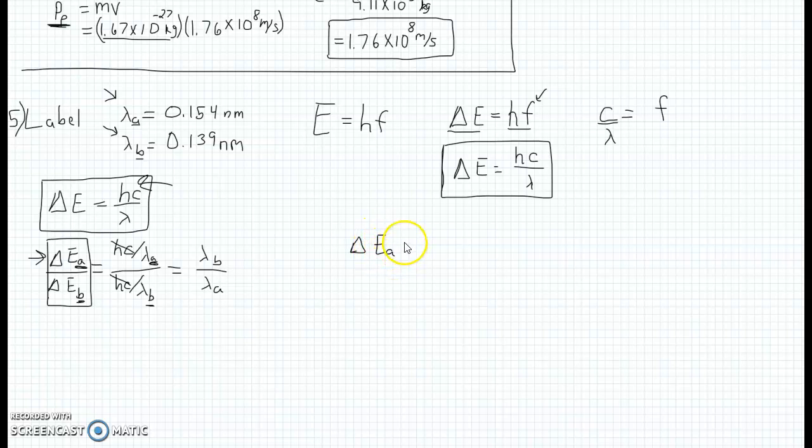So here we have energy gap A, which is going to be HC over lambda A, and I'm going to divide that by the energy gap of B.